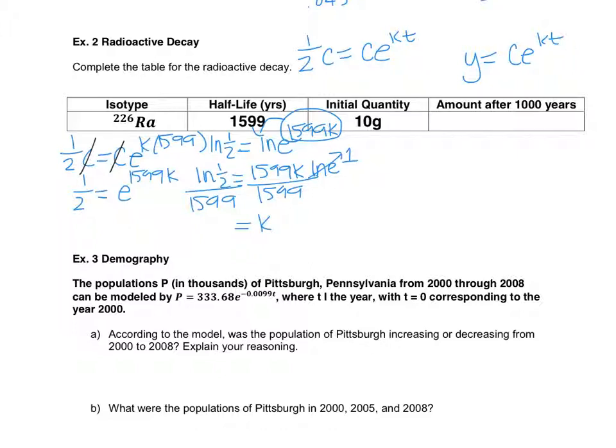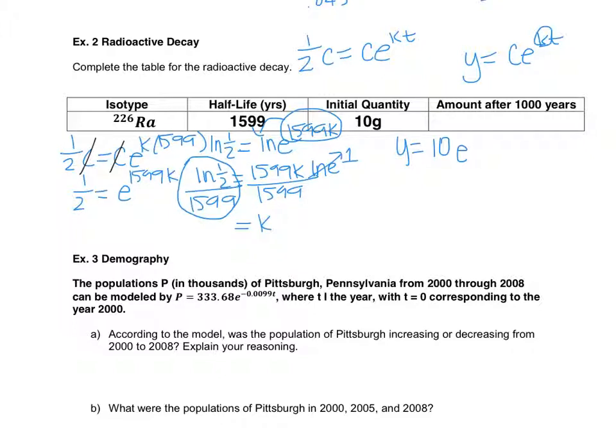I am going to plug it all in exactly, and that way it leaves no error for rounding. So this is what I'm actually going to plug in for my k value. Now, you could plug it in and get a rounded answer, but you just want to make sure that you can be as exact as possible. So if you can use the exact number, go ahead and do that.